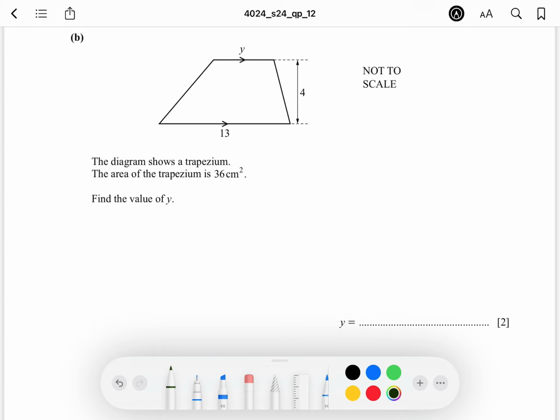So the diagram shows a trapezium. The area of the trapezium is 36 square centimeters. Find the value of y. There is no other way for you to do this one.